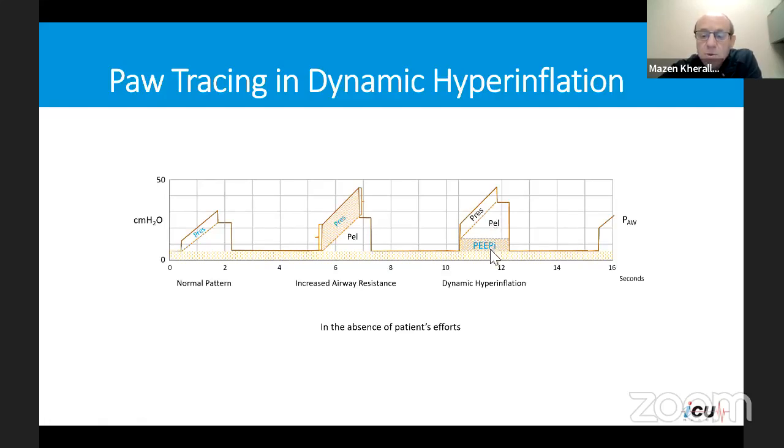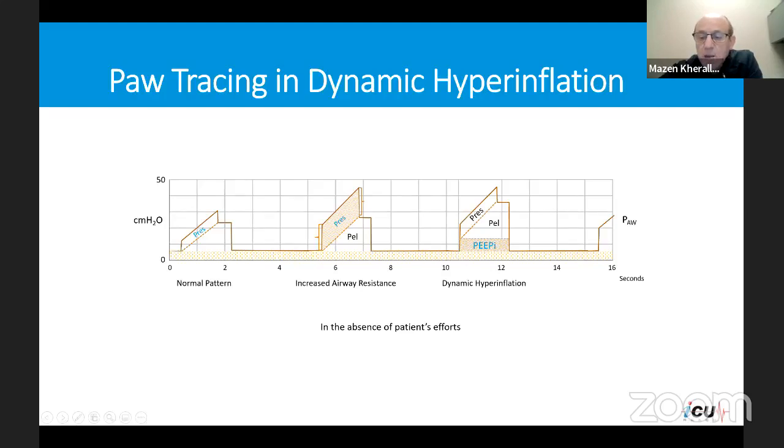Now, compared to dynamic hyperinflation, we don't have increased resistance. However, we have auto-PEEP. So the pressure inside the alveoli is higher, and that is represented here. When the inspiration starts, we need to overcome that pressure first, and you can see the rise in the airway pressure to this point here.